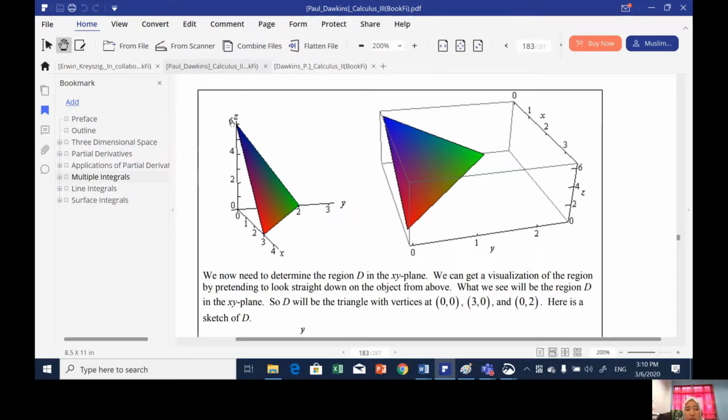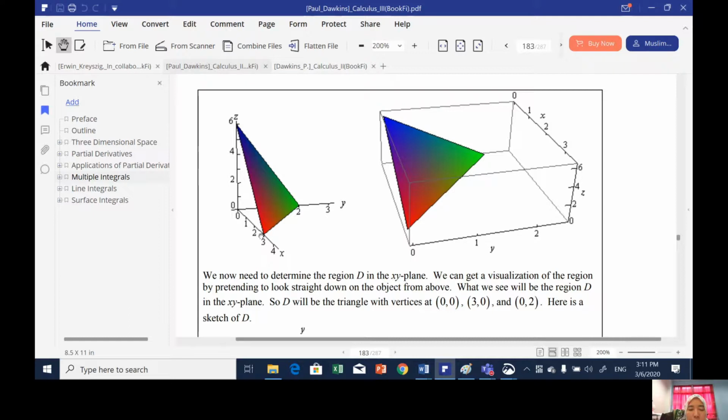Then you get the other points. When y and z are 0, we have the point x equal to 3. When z and x are 0, then we have y equal to 2. Similarly, we have this point for z. Just draw a straight line between these 3 points, then we get a figure like this. This is the origin 0, 0.